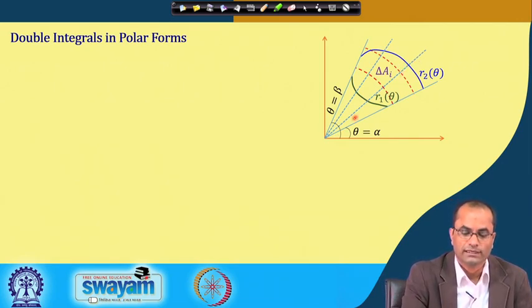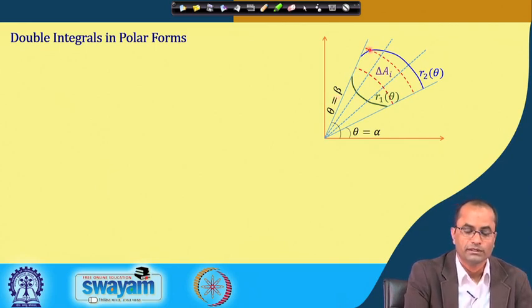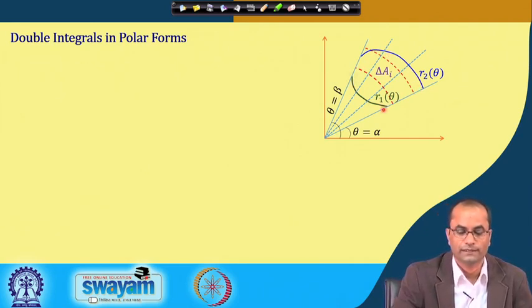And for the angle, theta is going from theta equal to alpha to theta equal to beta. So, we can cover this domain easily with polar coordinates, but if we discretize in the Cartesian form, there will be many difficulties to cover this domain, because it has this curve which is described nicely by r 2 theta and here r 1 theta.